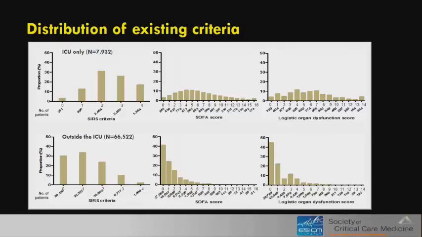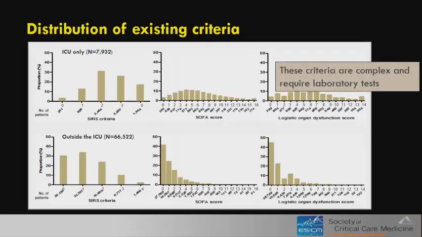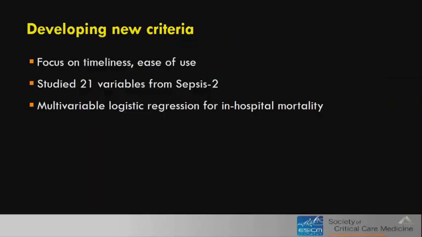We looked at the distribution of the existing criteria, and we noted, first of all, that these criteria, in the end, even if they are relatively simple, they still carry some complexity, because a lot of them require laboratory tests. And it's not immediately available to all patients, certainly not in developing countries, but also sometimes in developed world countries.